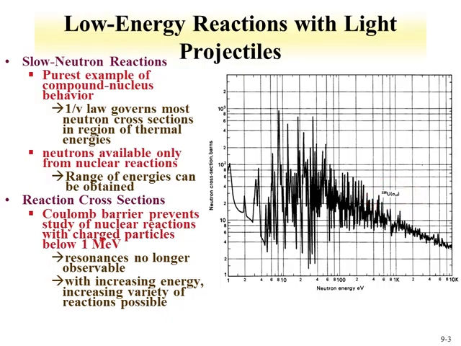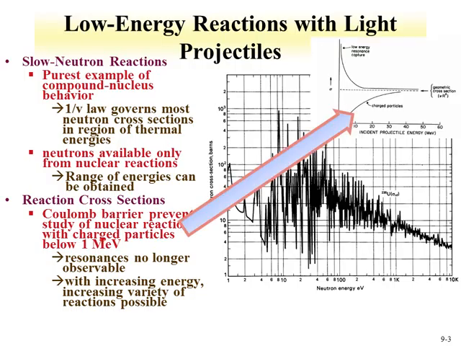Now, there are some aspects of this that are influenced by the particle. For instance, the reaction cross-sections are going to be influenced by the Coulomb barrier. And the Coulomb barrier prevents charged particle reactions below 1 MeV. And here's an example of what one can see if we evaluate this for neutron energy.